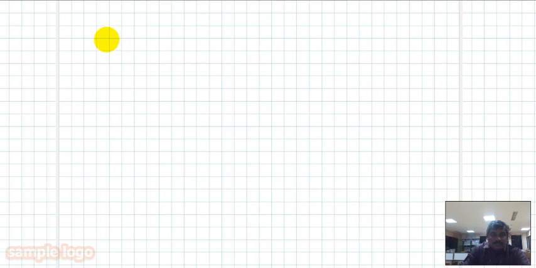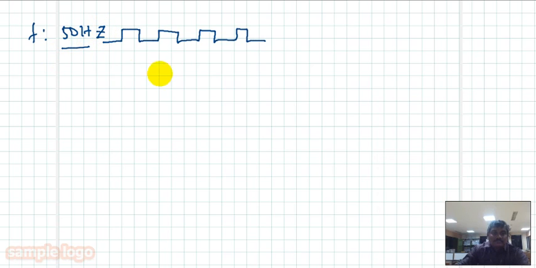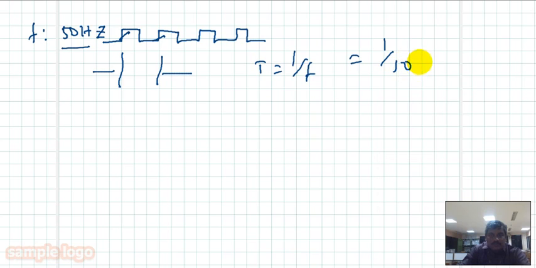In the problem statement, you are going to generate the square waveform, and the frequency of the square waveform is 50 Hz. So if the frequency is 50 Hz, what is the duration of one tick? The time is nothing but 1 by f, this is 1 by 50 Hz.